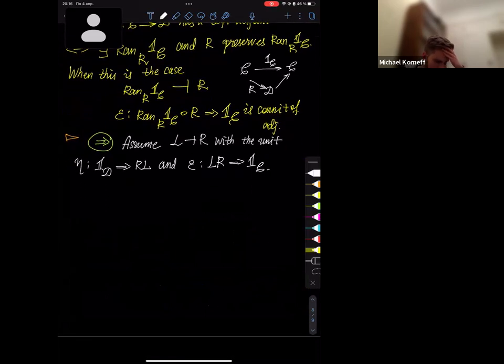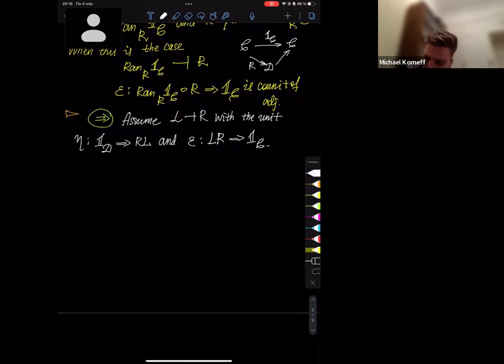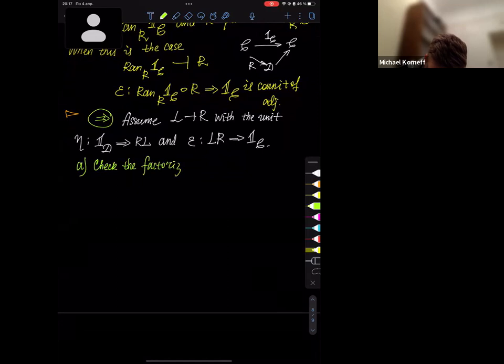Then we will check the factorization property.